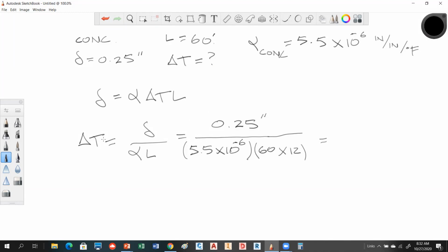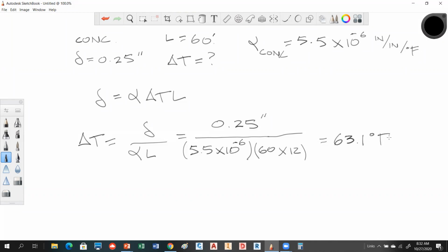So let's see what we come up with. It shouldn't be a huge number. I wouldn't expect it. If you're getting a really, really large number, you probably made a mistake. But I came up with 63.1 essentially.